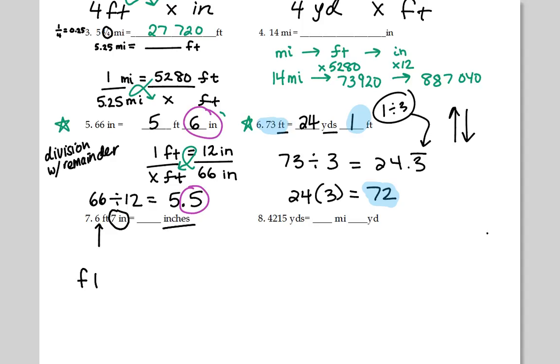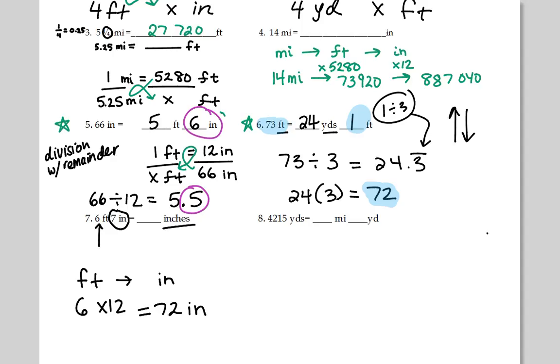What's feet to inch? 12. Do I times by 12 or divide by 12? The unit got smaller, so my number should get bigger, so I times by 12. 6 times 12 is 72.